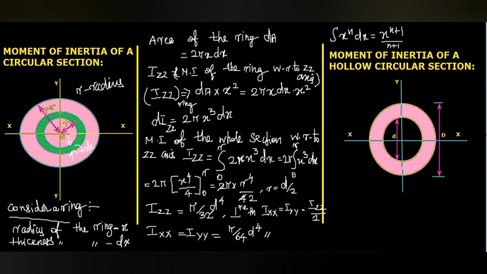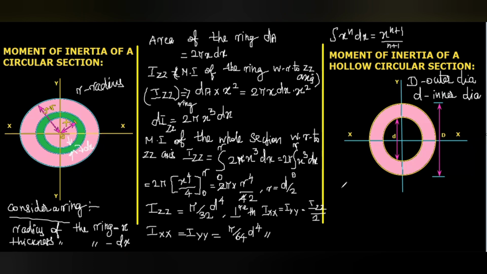Then these values we are going to extend to the hollow circular section. Hollow circular section with the outer diameter capital D and the inner diameter small d. So here D is the outer diameter, and small d is the inner diameter.